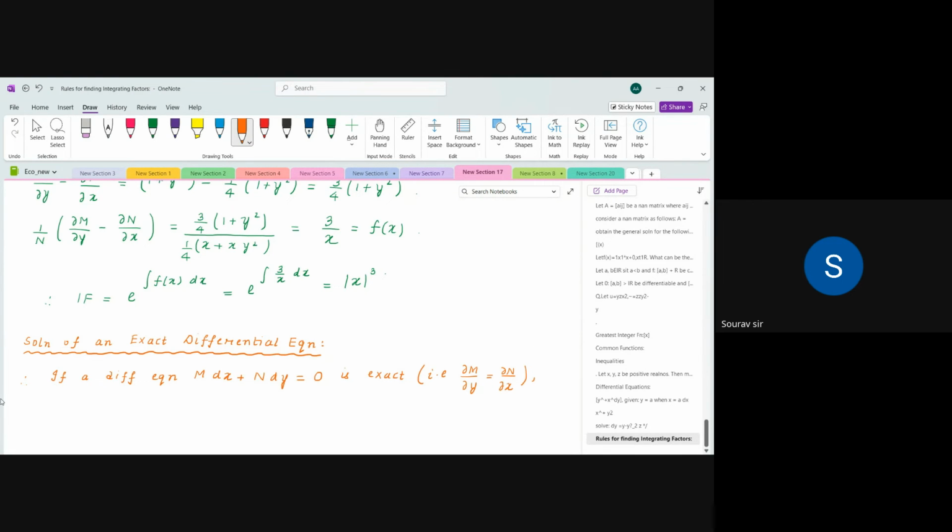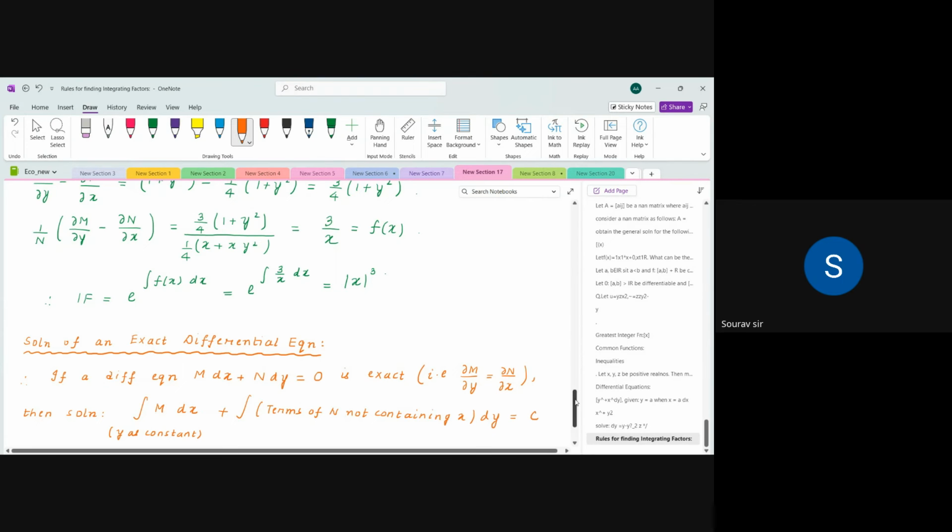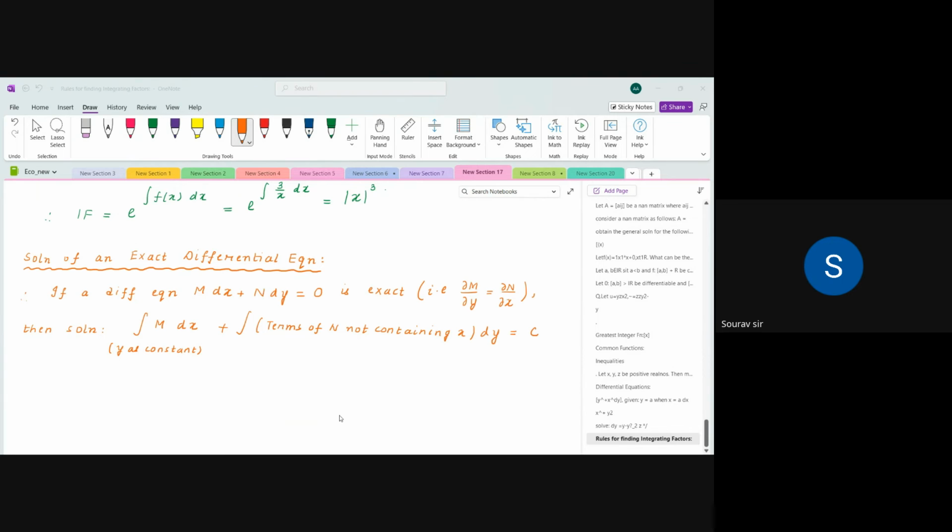If that is the case, then the solution can be written as follows: integration of m dx, treating y as constant, plus integration of terms of n not containing x, integrated with respect to y, equals c.